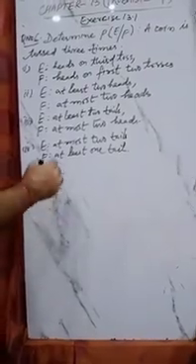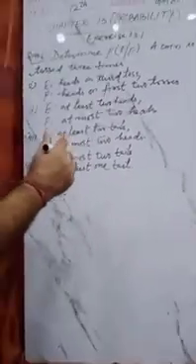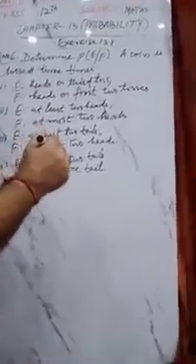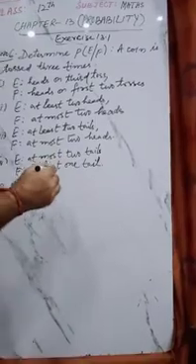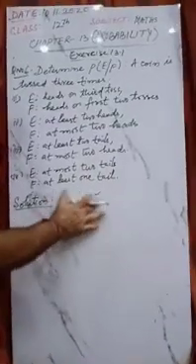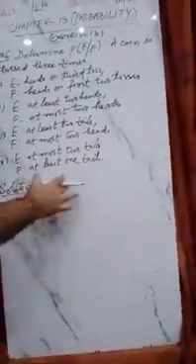As you have already studied in previous classes, when a coin is tossed 3 times, we can apply the formula 2 raised to power n, where n is the number of coins. So first we write the sample space.